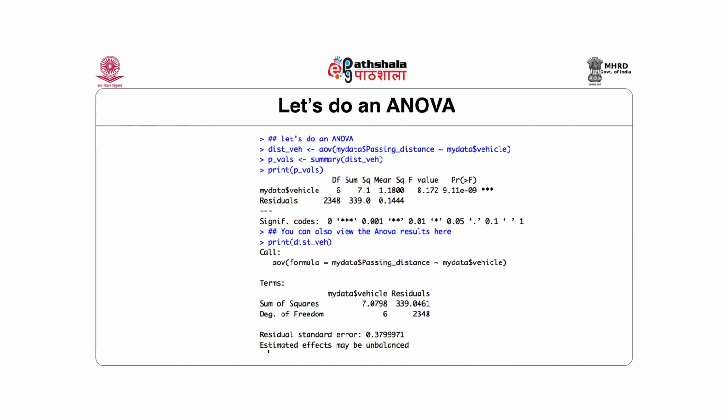Very simple syntax, and you can interpret that there is a significant difference. You could also take a look at the residuals, the sum of squares, and the degrees of freedom. As we have already done ANOVA earlier, I'm not going to repeat the more nitty-gritty details here. I encourage you to go and review those bits.